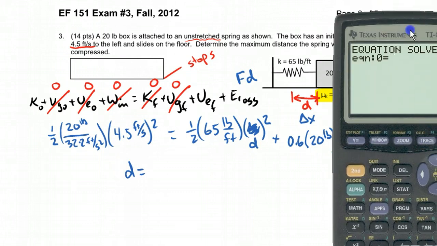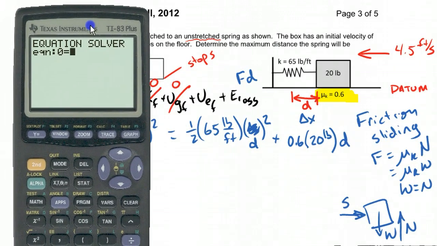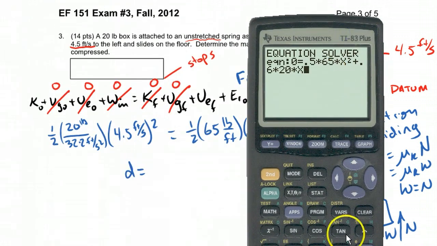So I'll have 0.5 times 65. I'll use x for my unknown, that's squared, plus 0.6 times 20 times x. This is a quadratic equation. Okay, and then we're going to subtract off this term, minus 0.5 times 20 divided by 32.2 times 4.5 squared.